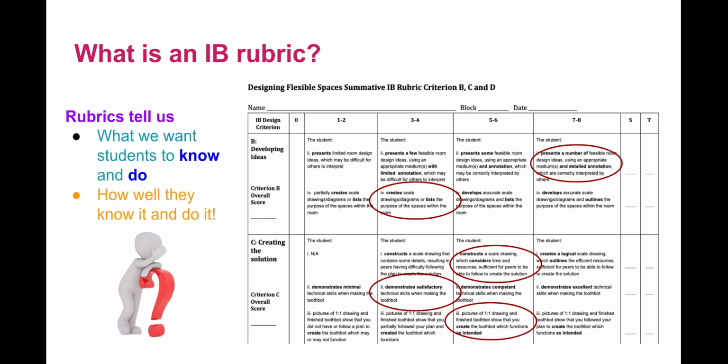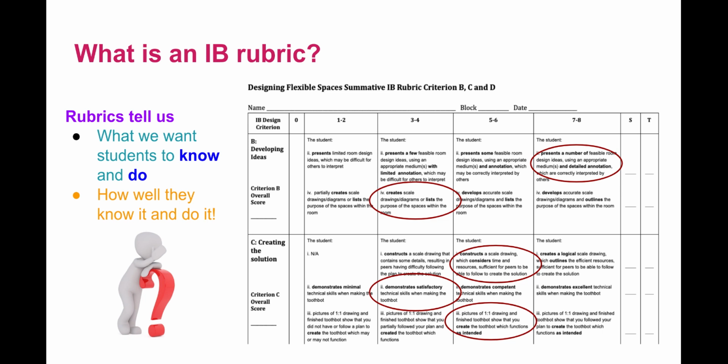Rubrics have numbers, but they are not points. They are scores. So points accumulate, they add up, and then we divide them by the number of the assignments and come up with an overall percent. Scores communicate. So points accumulate, scores communicate. It's simply a description of what you already know and can do at this point.